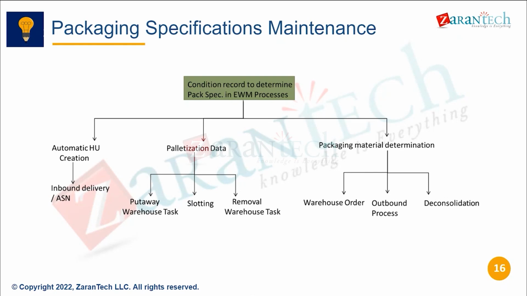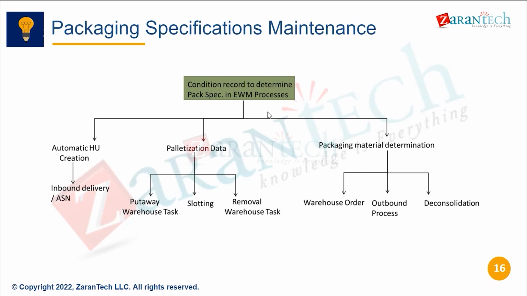As soon as the EWM inbound delivery is created, or the advanced shipping notification is created in the EWM system, based on your packaging conditions and packaging maintenance, whatever you maintain for the products, it should create the handling unit number automatically. So we will have to maintain the condition records to determine it in such a way.